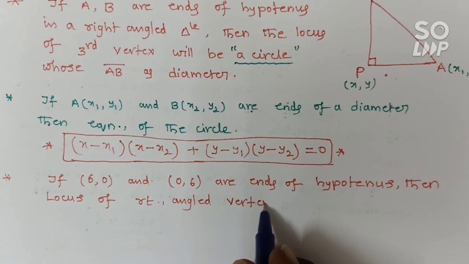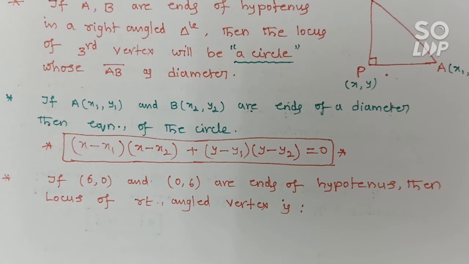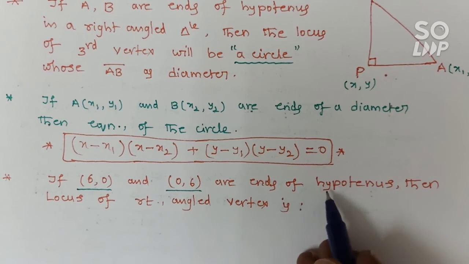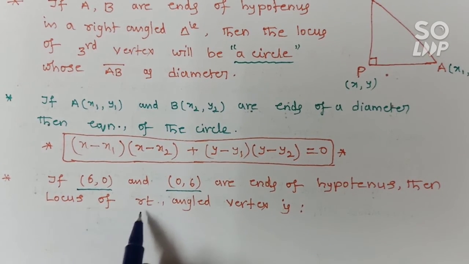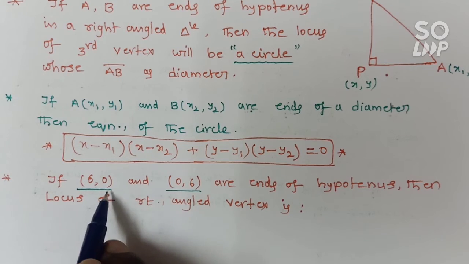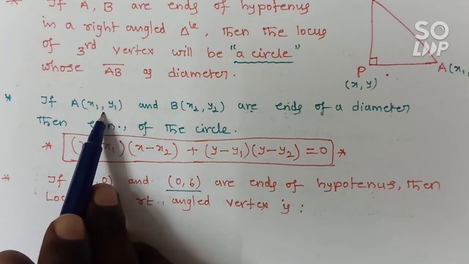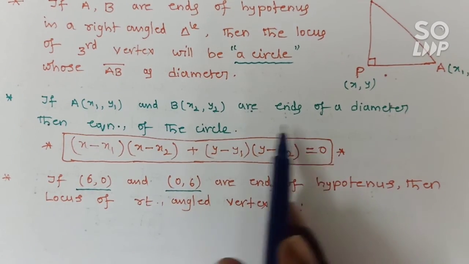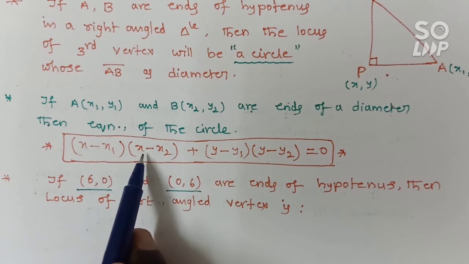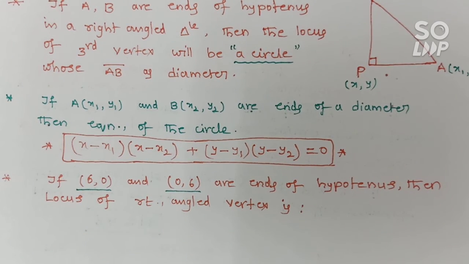See, how can we say this one? Here I am given that (6, 0) and (0, 6) are the ends of the hypotenuse. The locus of the right angled vertex means these two represent the ends of the diameter of the circle. So as in the above statement, x1, y1 and x2, y2 are the ends of a diameter of a circle. Then what is the equation of the circle? (x minus x1)(x minus x2) plus (y minus y1)(y minus y2) is equal to 0.